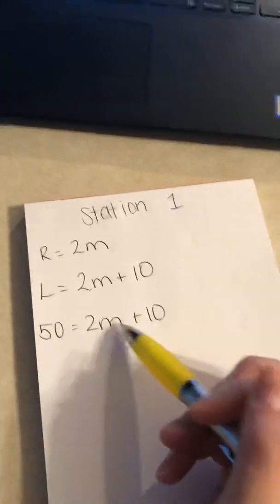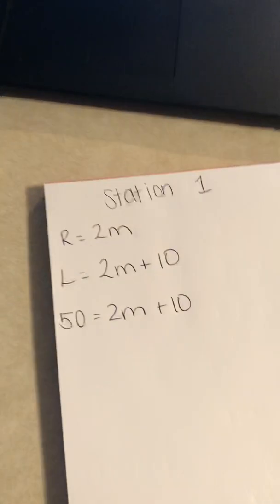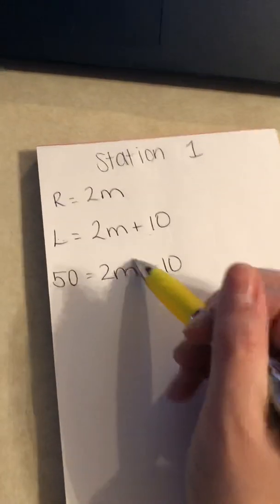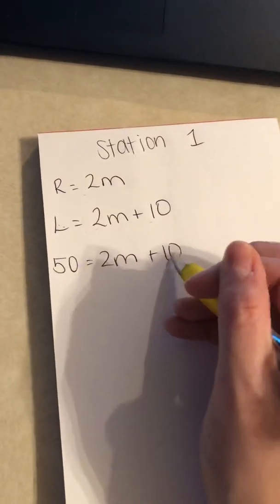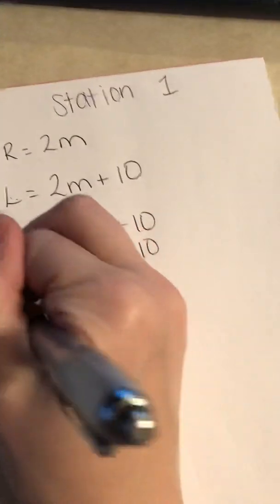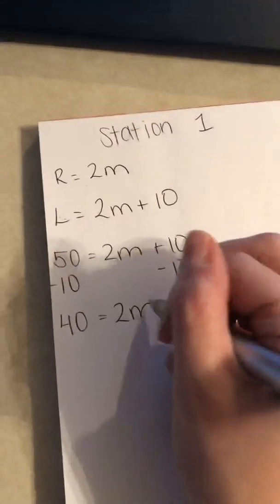Okay, so you're going to see that there's 2 different parts to this equation. It's not just 2M. When you have 2 parts, you must take away the part that doesn't have the variable first. The part that doesn't have the variable is this 10. So I'm going to subtract 10 from both sides, and I'm going to get 40 equals 2M. A lot easier to solve. So now I'm going to do the opposite of this, which is division.